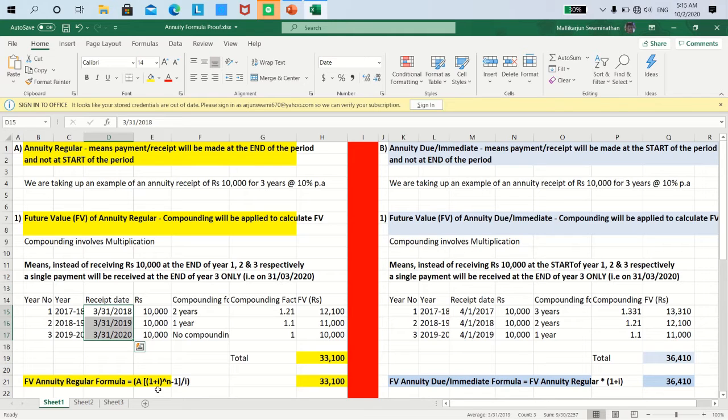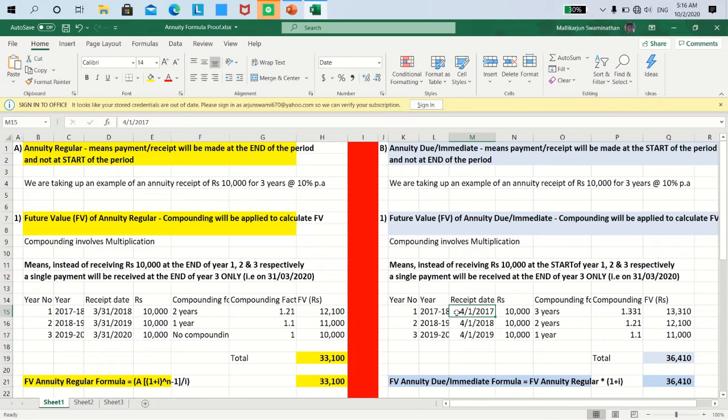Now the dates will have to change because payments are not supposed to be made at the end of the year but at the start of the year, since we are now dealing with annuity due or immediate. Since the contract started on 1st of April 2017, the very first installment of 10,000 must be due on the 1st of April 2017, which is what you see in cell M15.